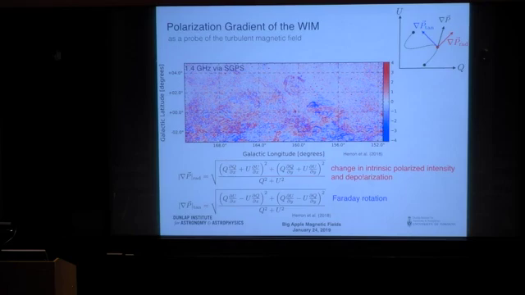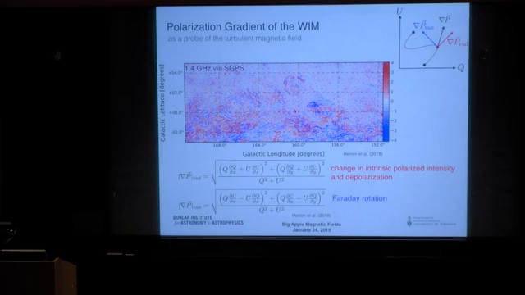Okay. And so the nice thing about being able to decompose the polarization gradient into these two components is that, again, they allow you to really have more of a physical intuition of what your polarization gradient is telling you. For example, if we look at the radial component of the gradient, you can imagine that you can have situations where your intrinsic polarized intensity is changing, or you can also have depolarization, which is causing the strength of the vector to be changing.